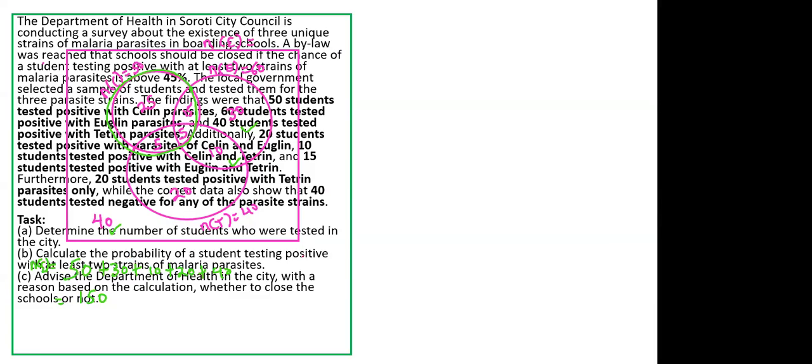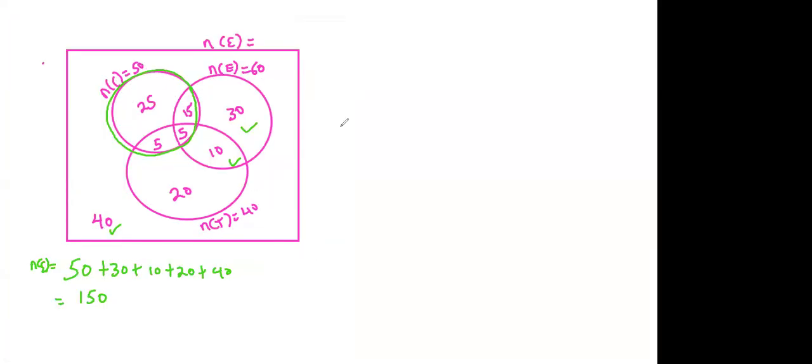Then the part 2, calculate the probability of a student testing positive with at least 2 strains of malaria parasite. Now, when they tell us at least 2, you remember we say probability of at least 2. At least 2 means greater than or equal to 2. So that means that person may have contracted 2 or 3 parasites. So you first find the number.